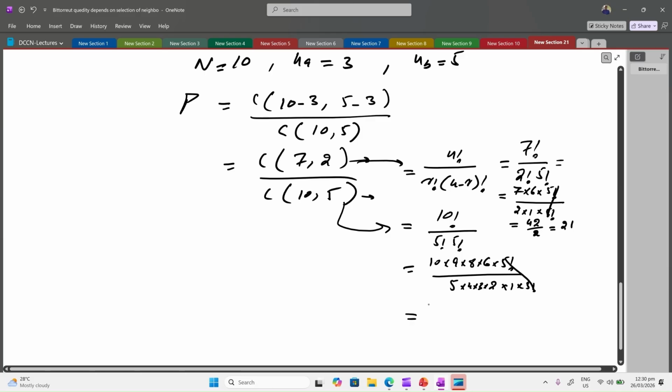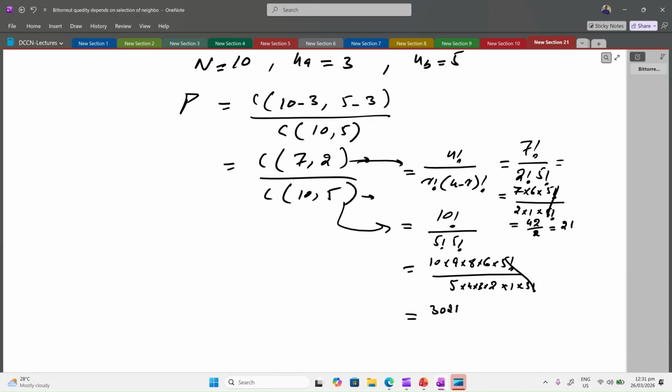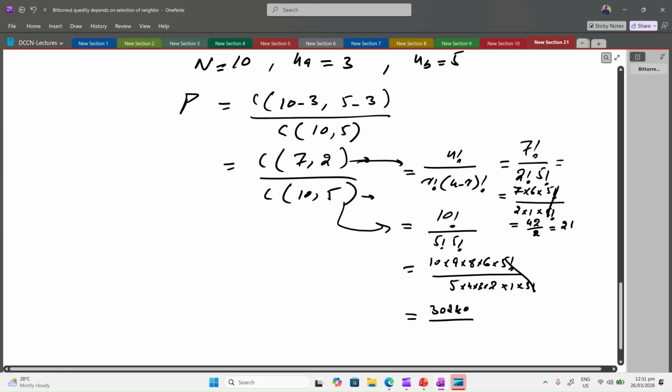If you try to solve this, it comes out, I think, please verify, 30,240 divided by 5 into 4 into 3 into 2 is 120, right? And this comes out to be 254, or 252, sorry.